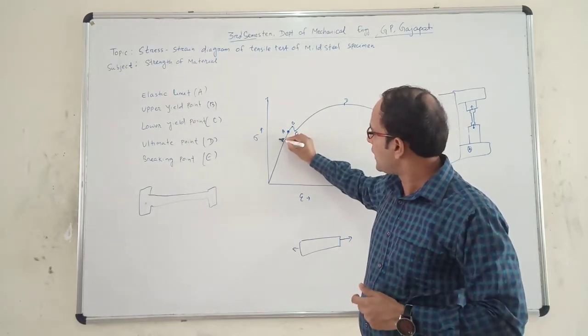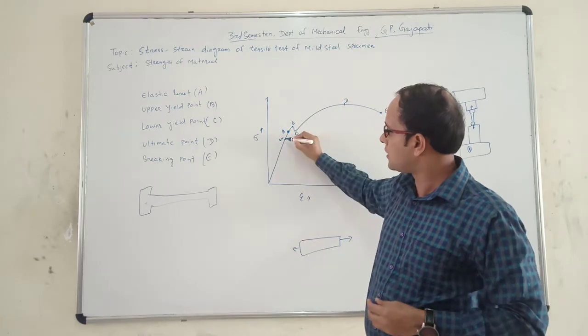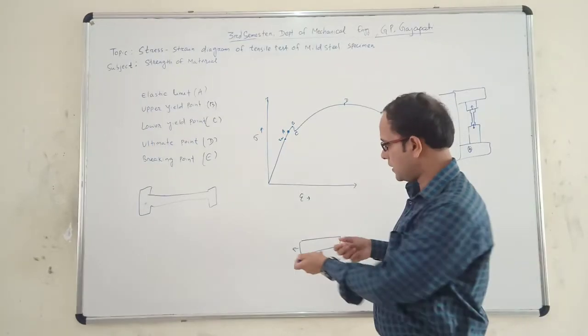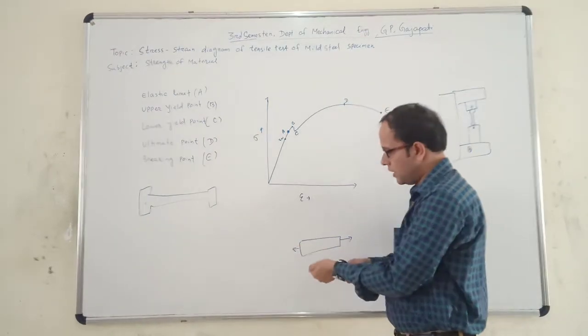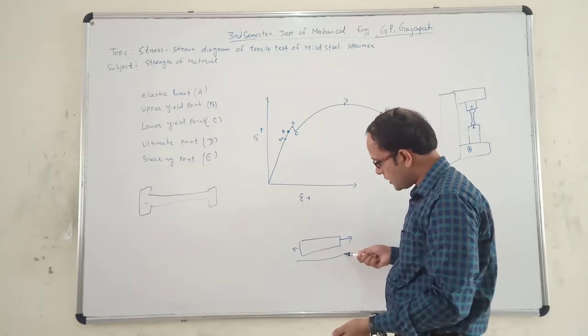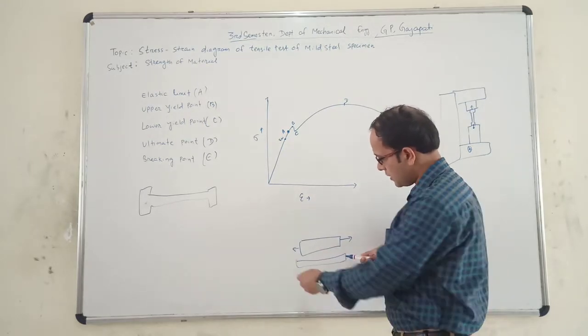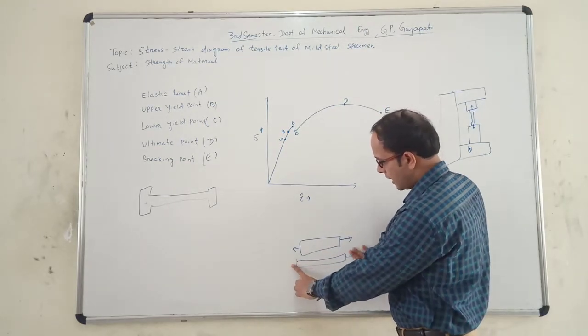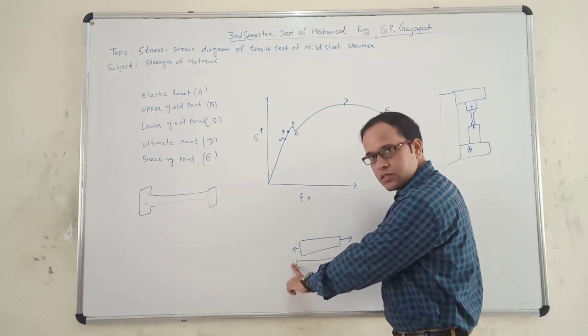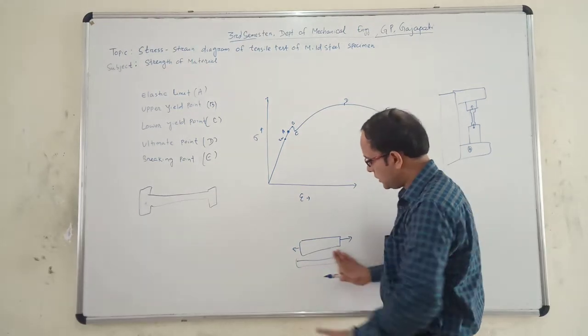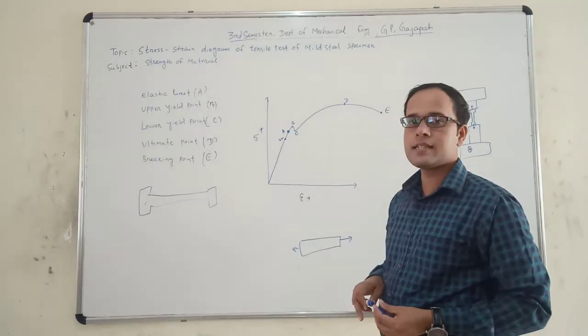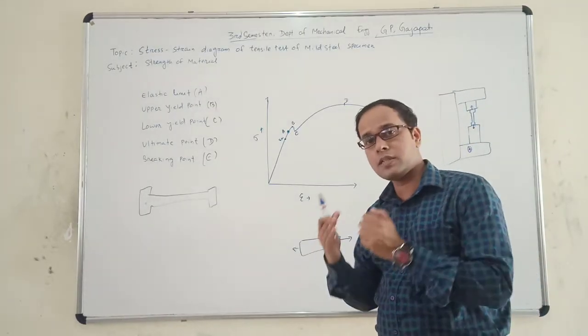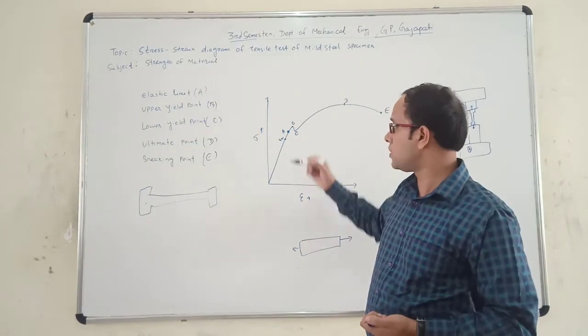Suppose I am applying 8 kilonewton at this point, and the body elongates a little. Now at this stage, at 8 kilonewton, I will remove the load. Then the body will regain its original shape and size.